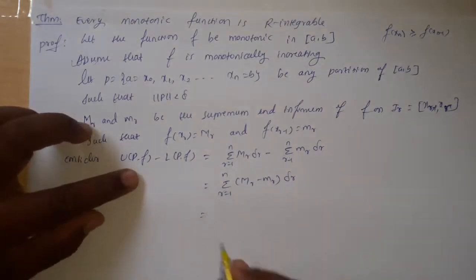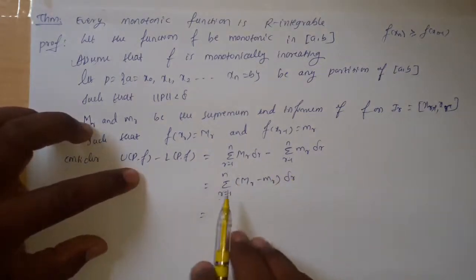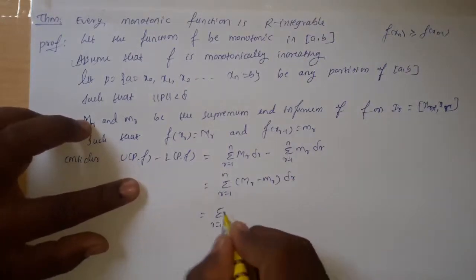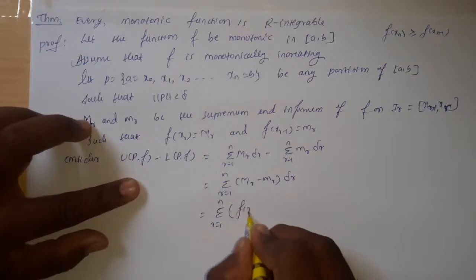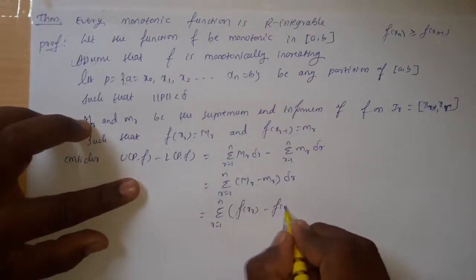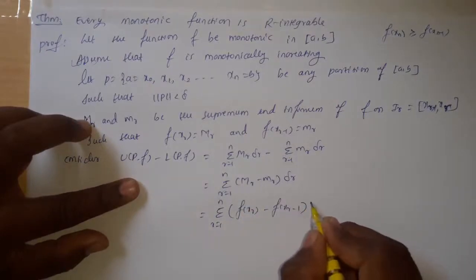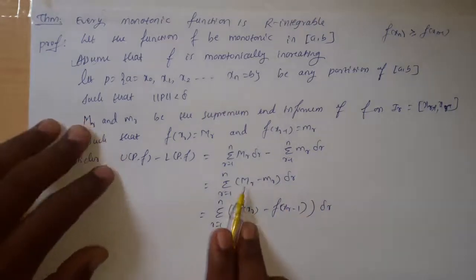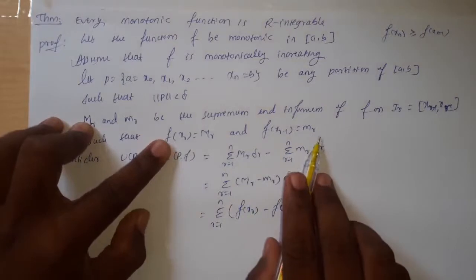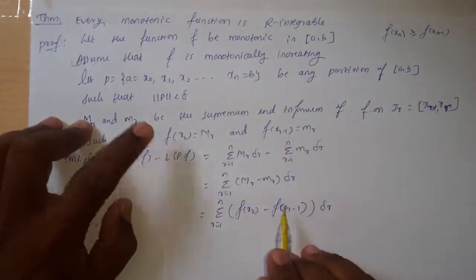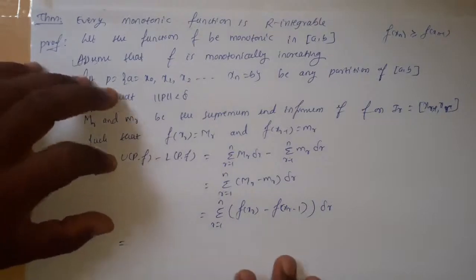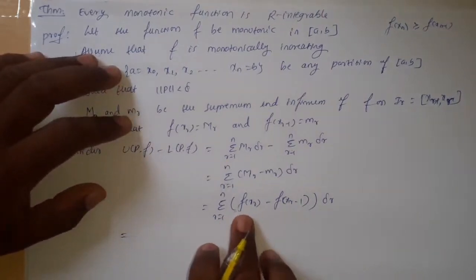Here delta r and the summation are common, and this equals f(xr) minus f(xr-1) into delta r, because capital Mr equals f(xr) and small mr equals f(xr-1). Now let us expand this by substituting values for r.